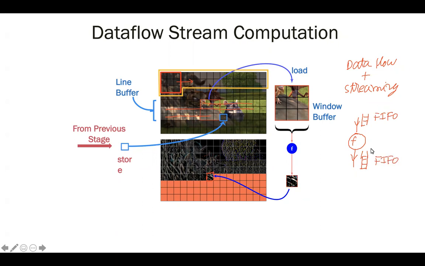As soon as sufficient data is available in this FIFO, this particular module fires, and then it does the computation. So synchronization is automatic. If the FIFO is empty or doesn't have sufficient data, then F waits.